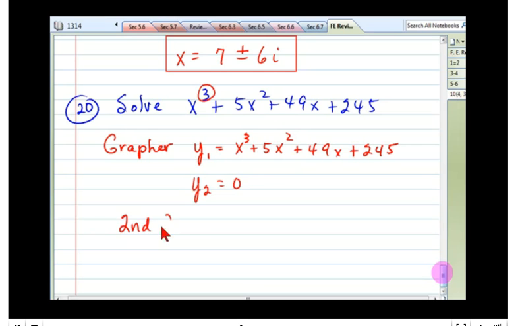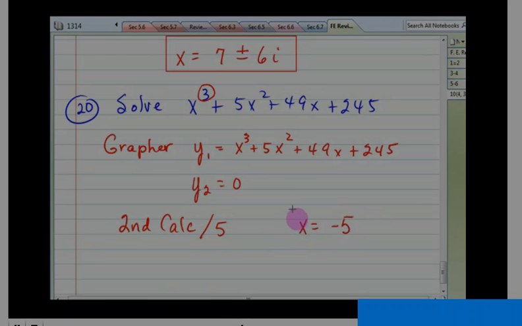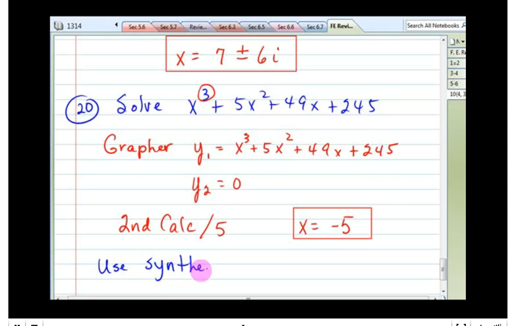So we'll do a second calc 5, and you should get x to be what? -5. So we know that's one of the solutions. But we said there were 3. So this is where you have to do synthetic division to get the others, because there's no way you can get the others on the grapher if they're imaginary.